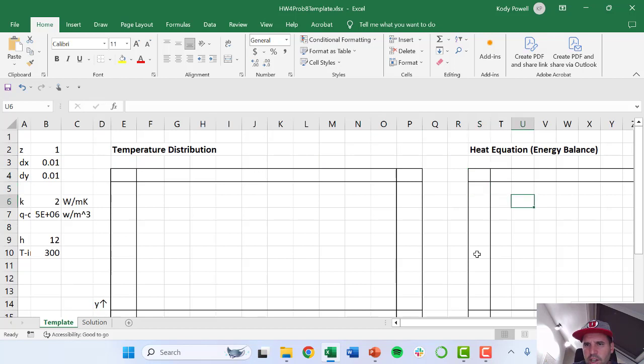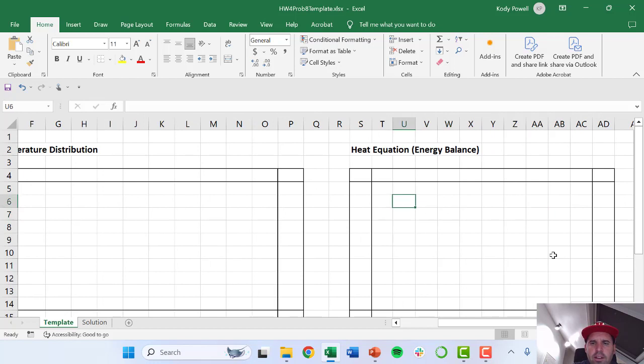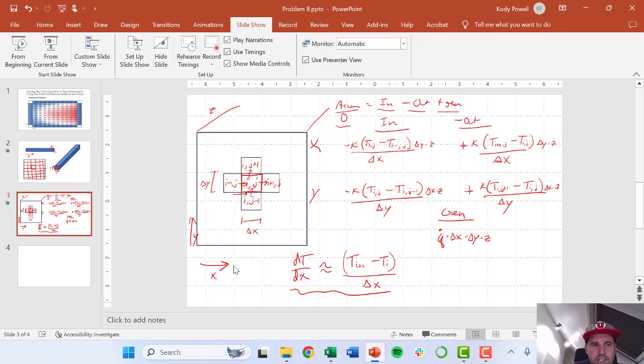So I'm going to start writing out that energy balance that we just derived. I'm going to pick a cell that is not on the end, so it's not touching a boundary like these guys. I'm going to pick this guy here. So this would be our IJ cell. I'm going to type in equals, and start typing out this energy balance.